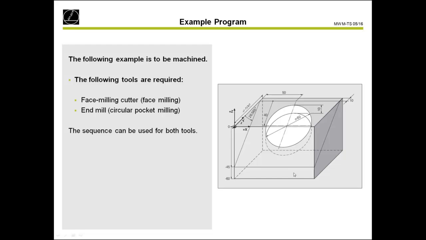So we have an example here now. We want to machine at first the surface, and the second step should be the pocket inside here.